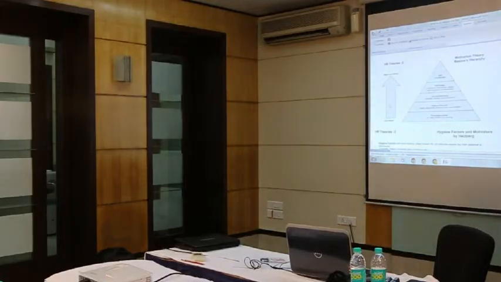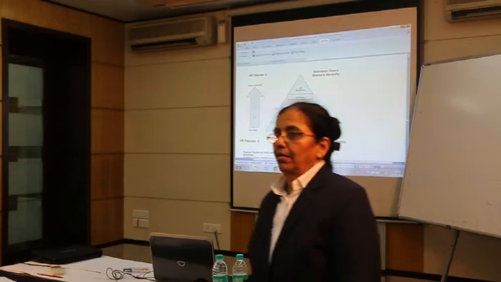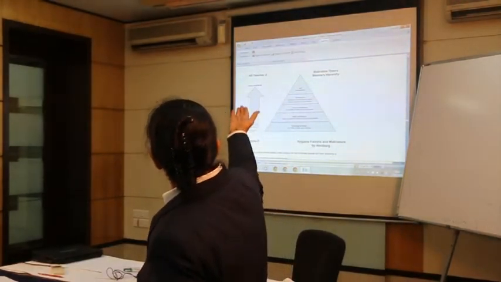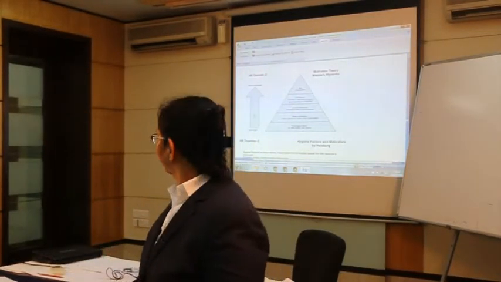If you know where your team belongs, you can work with your team better or you can get better results from your team. This is motivation theory, Maslow's hierarchy, Maslow's triangle. Obviously, we are not at the bottom, but let us just go through all the strata.